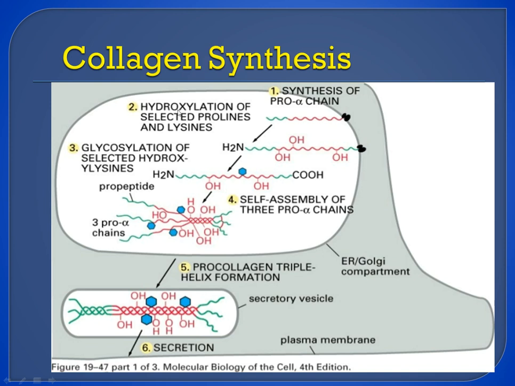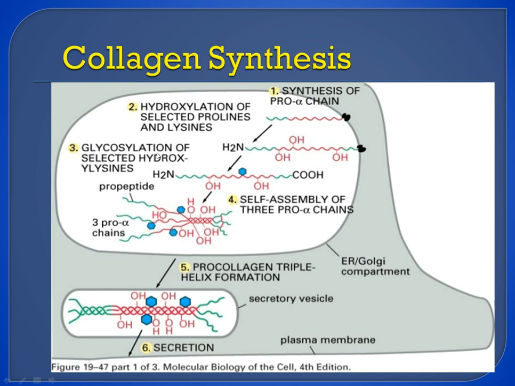Second is the hydroxylation of selected prolines and lysines. So here the hydroxylation is taking place in the second step by lysyl hydroxylase or prolyl hydroxylase. Here the hydroxyl group is attached.